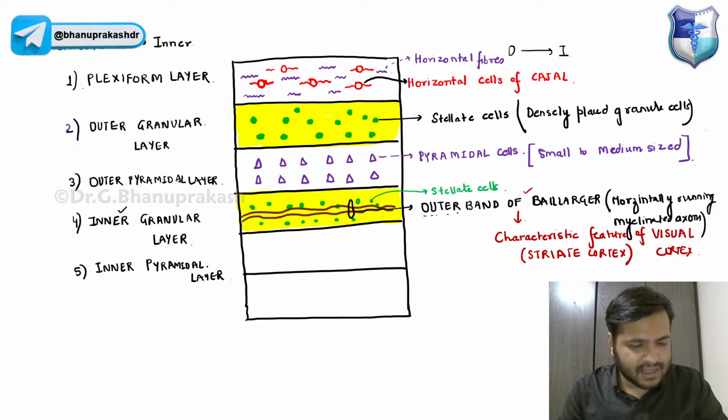So basically the pyramidal layer will have these pyramidal cells, and these are small to medium sized cells.